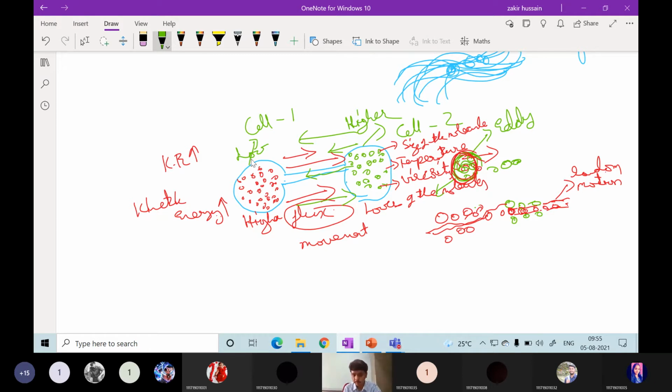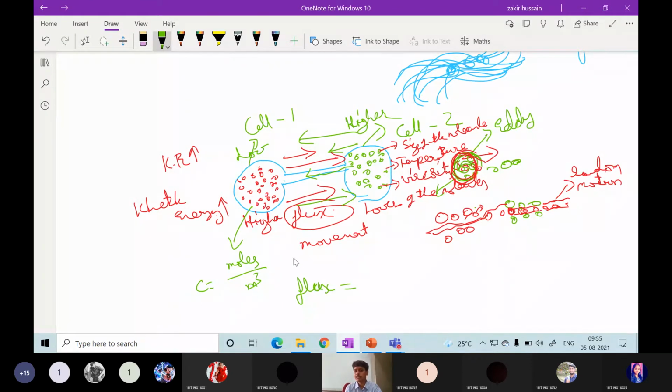For example, these are having some moles. Usually in the gas phase, concentrations are measured in moles per meter cube.